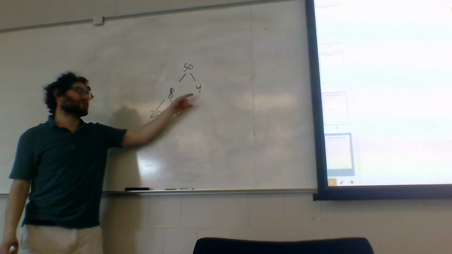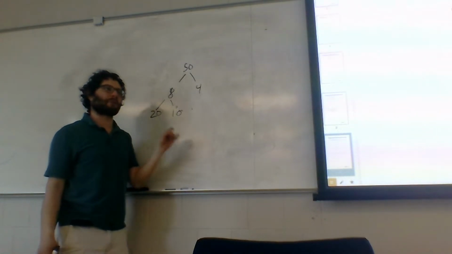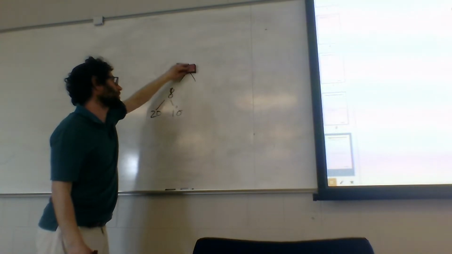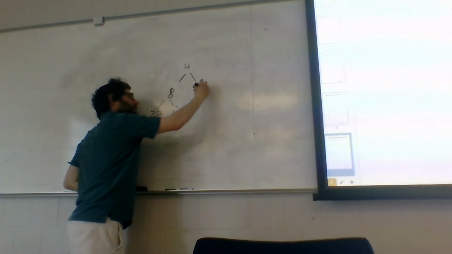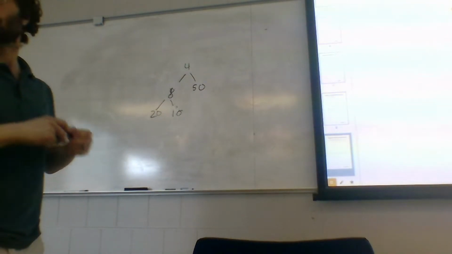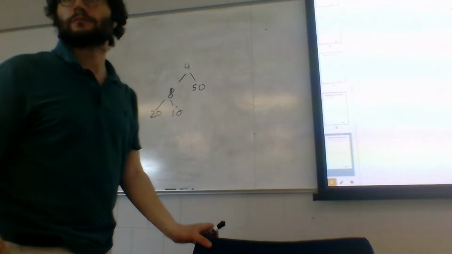We need to swap it with its smallest child, because that means the smaller child will go up to the root. So we swap it with 4. 4 goes up over here, 50 goes over here. It's a fairly straightforward process.